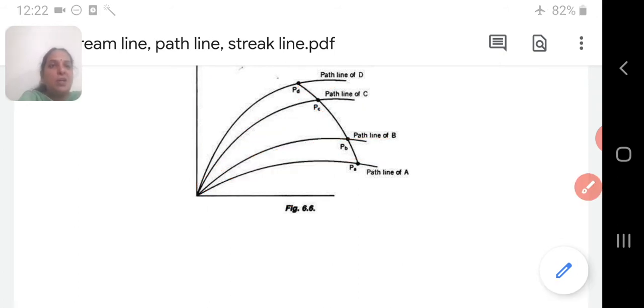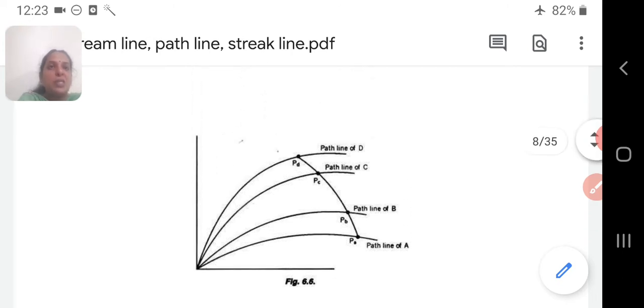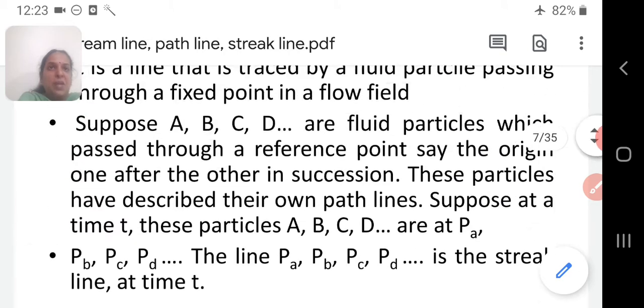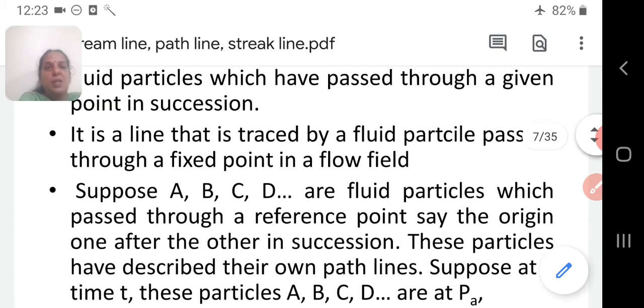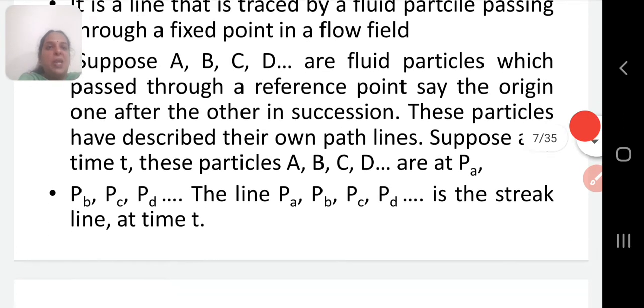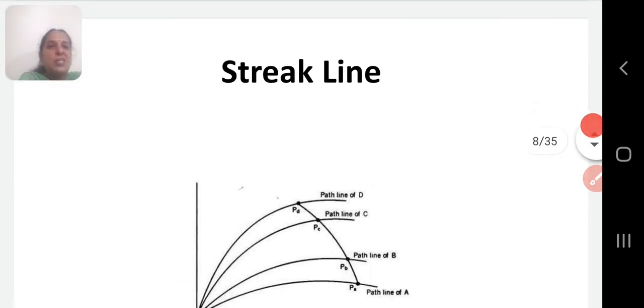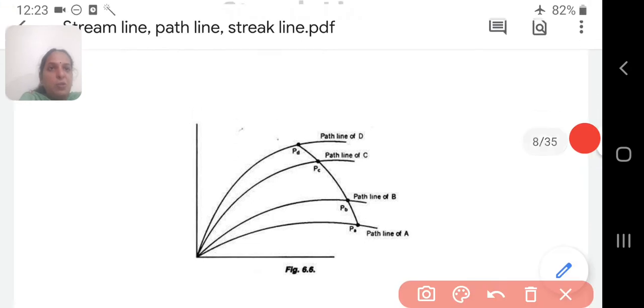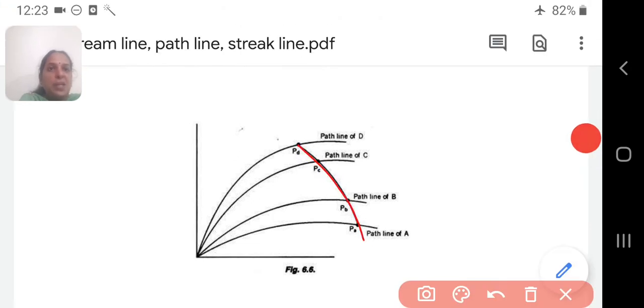We are not going along with the movement of the fluid particle; instead we are going to find out the behavior of the fluid particle at a single point in the flow field. So the line through PA, PB, PC and PD gives you the streak line. This is your path line, where the different particles start at different times and go on moving like this.